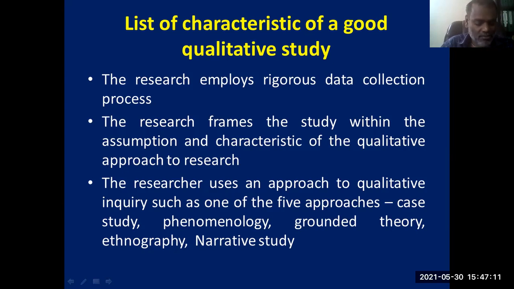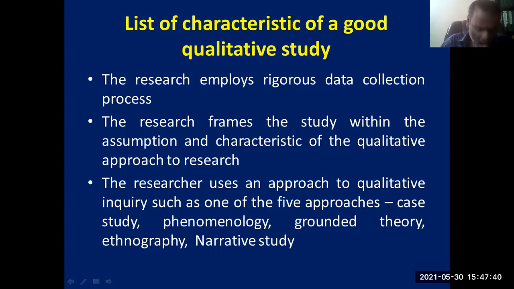There are characteristics you need to keep in mind, because qualitative research implies a rigorous data collection process. Yesterday we discussed how much time you are spending in the field. That will show the quality of your data. So the entire research process implies a rigorous data collection process.